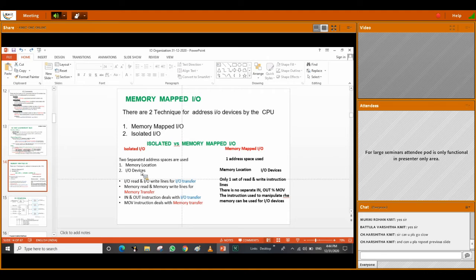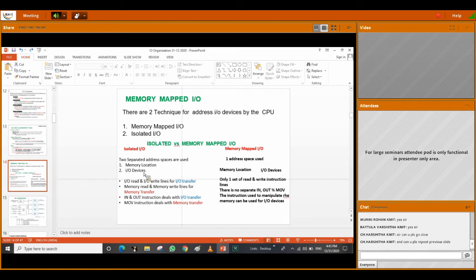First we discuss isolated I/O. In isolated I/O, two separate address spaces are used, one for memory locations and one for I/O devices. In memory mapped I/O, only one address space is used.